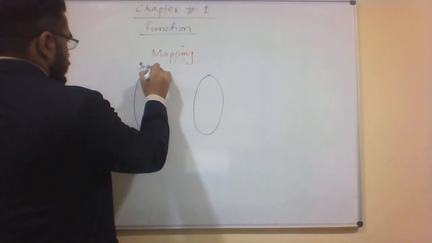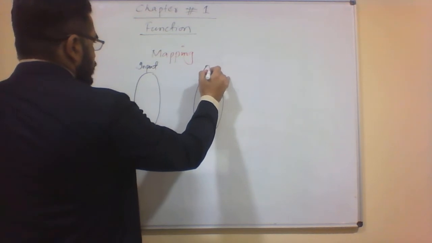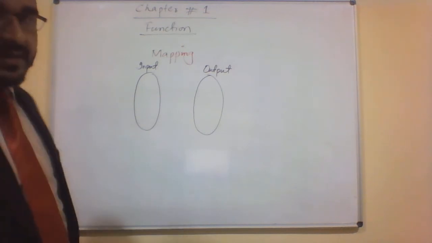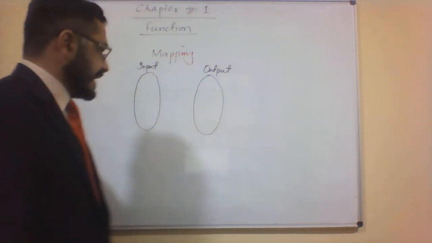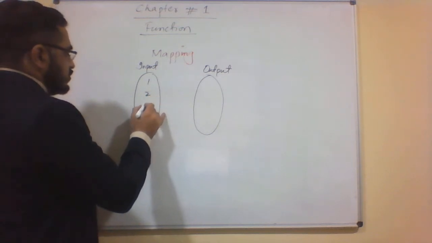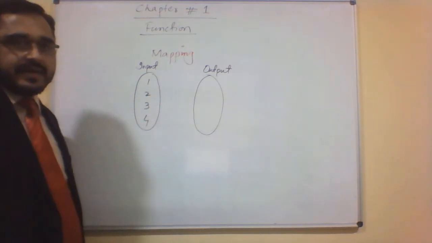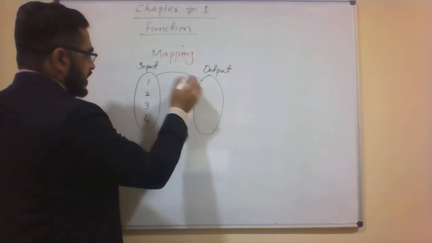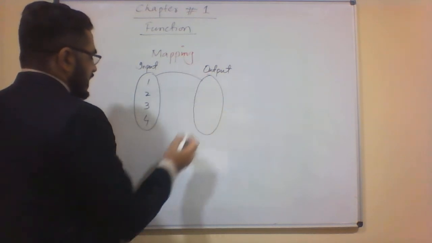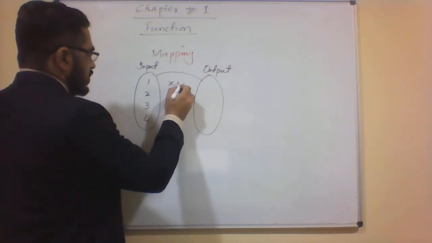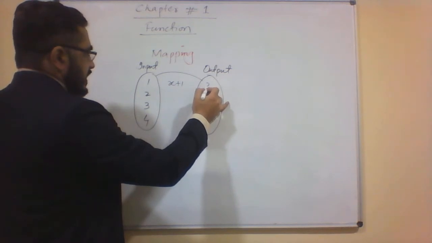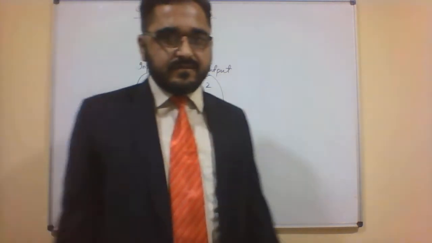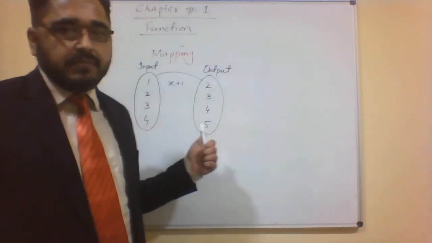First set will be the input set, the other one is output. Suppose here we are taking an input 1, 2, 3, 4, and in output, if the function machine here is x plus 1, then we will take here 2, 3, 4, and 5. This is called the mapping diagram.